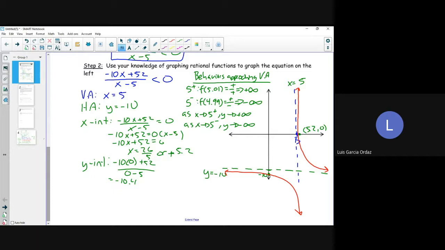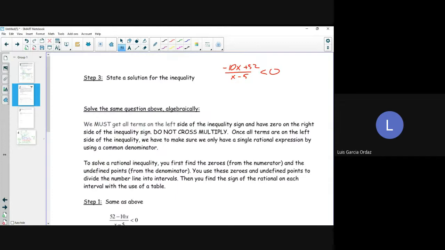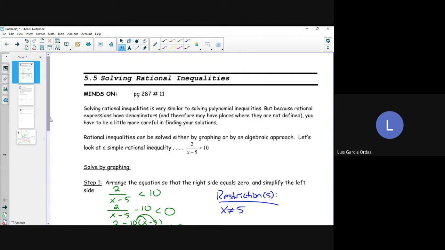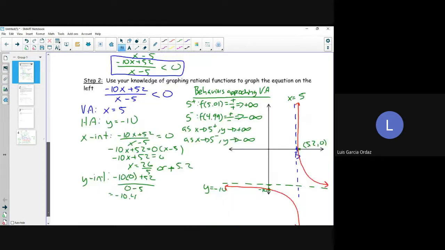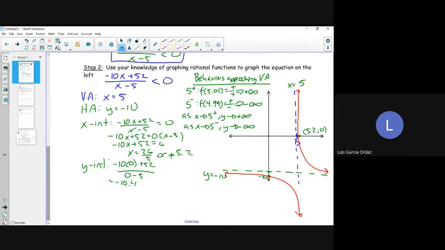In case we have x is less than 5. So our first solution, or our first interval is from negative infinity to positive 5 in union with where else is this graph less than 0? Well, remember, even though it is 0.01 to the right of 5, 5.01 is still greater than 5, but it's approaching negative infinity.